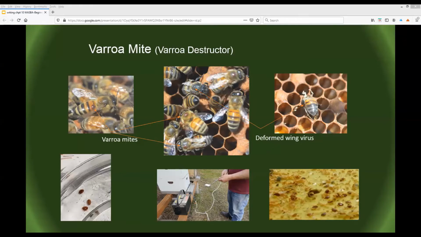If you get the drones concentrated on a frame, and varroa mites tend to concentrate in drone larvae or drone comb, then once the cells are capped, you can remove the frame and freeze it, killing the drones and the varroa mites. That's one method people have used to reduce varroa mites in a hive.